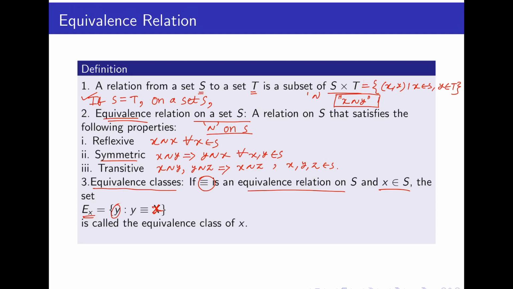So we are clubbing all the elements that are related to the particular element x belongs to S, and we will denote this set by E_x, and it is called the equivalence class of x, and this is also denoted by this or this. So these are the preliminary definitions required to understand equivalence relation.